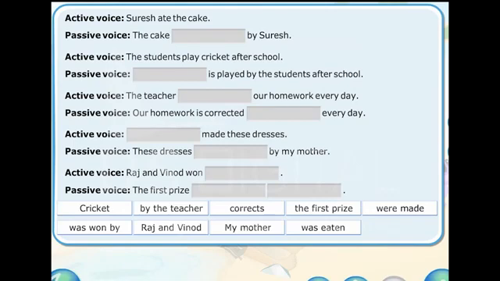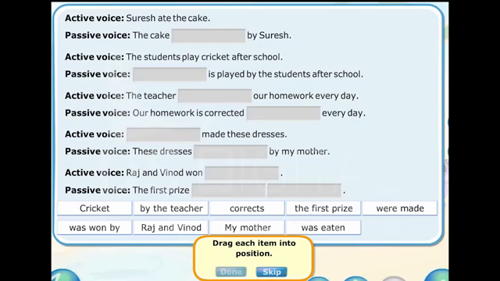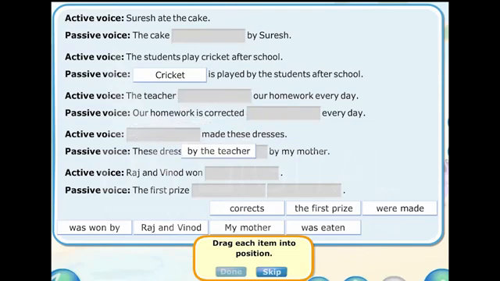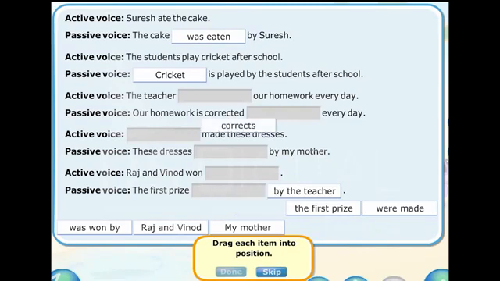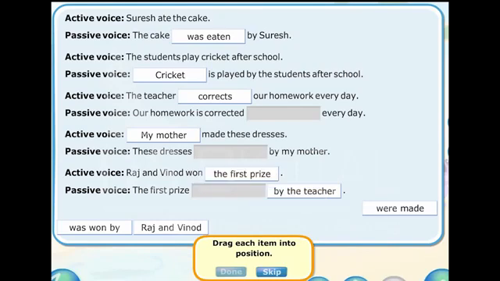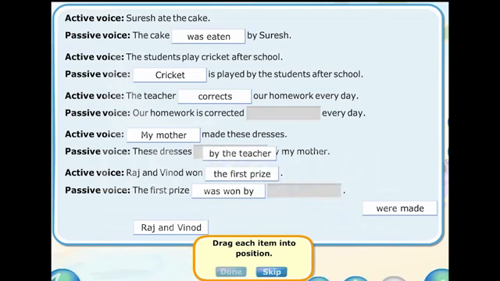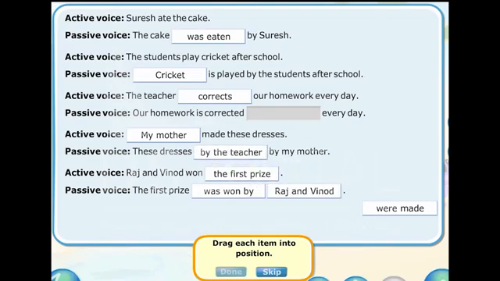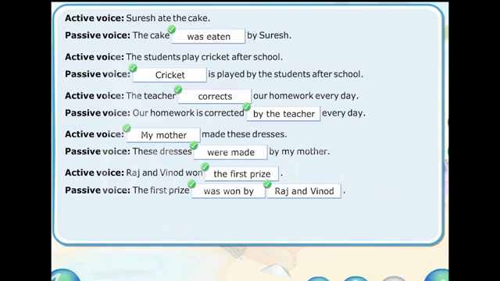Ensure that the conversion from active to passive is correct. Well done. These are the correctly completed sentences.